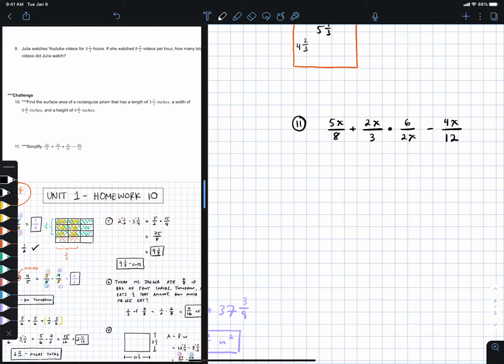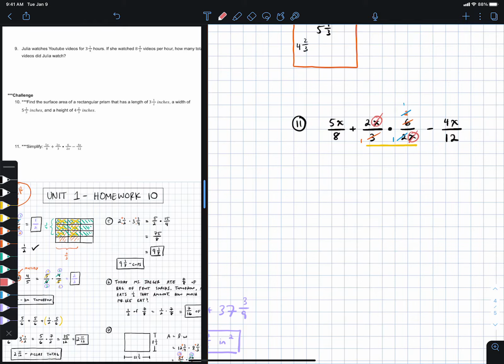Okay, so a little order of operations, but the first thing we have to do is focus on this section here. Multiplication's most important. We can actually cross cancel a little bit here. So 3 and 6 become 1 and 2. And then this 2 and 2 can cross cancel with each other to make 1 and 1. And then this lovely x and x can also cross cancel with each other, and those go away as well.